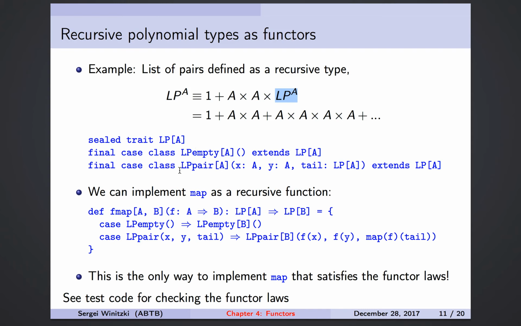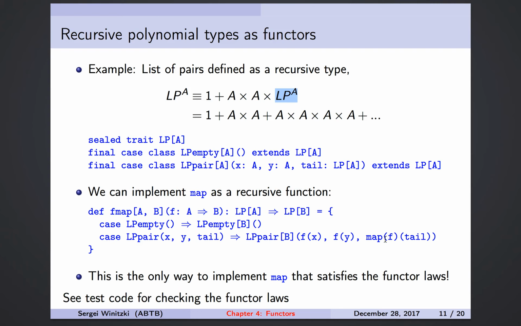Now we can implement map here if we use recursion. So let's implement fmap for simplicity. You match on LP of A, and there are two cases. Either it's empty, and the result will be also empty, or it's going to be a pair x, y, tail, and then you apply f to x, apply f to y, and you apply fmap to the tail.